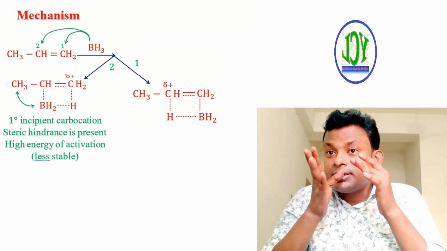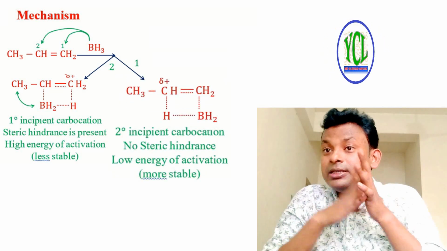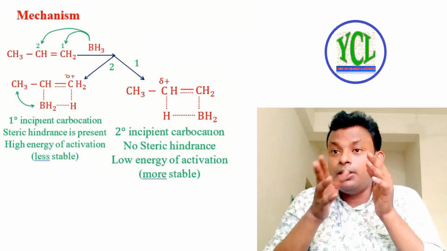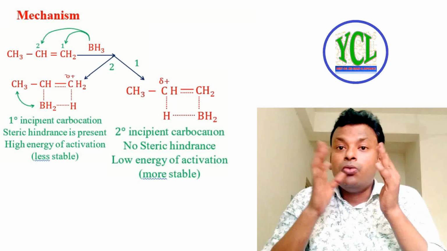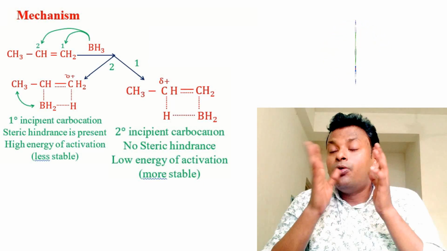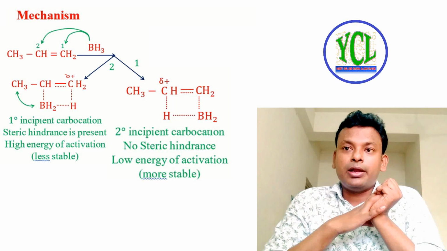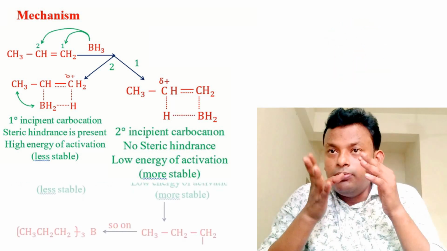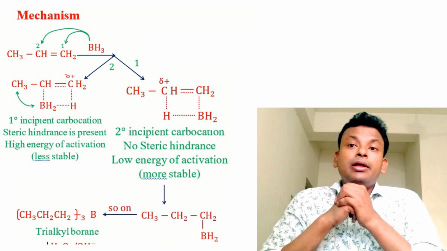The second transition state is the 2 degree incipient carbocation, and no steric hindrance is possible, so it is a low energy of activation and more stable than the 1 degree incipient carbocation. So the 2 degree incipient carbocation is more stable, and from this it forms trialkyl boron.